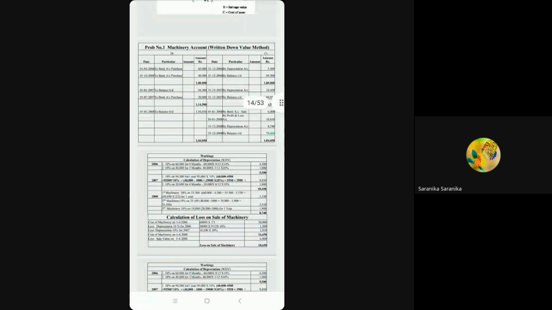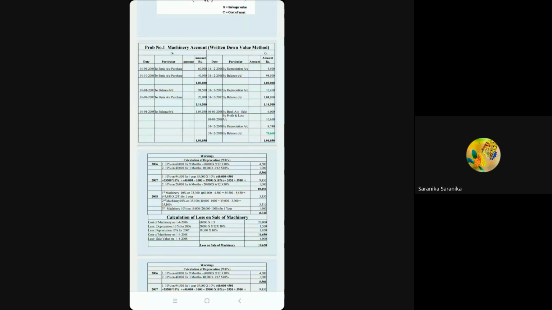Simply you can take the book value of the asset, means balance brought down, that is the book value. 94,500 into 10%, simply you can calculate, that is 9,450, plus current year you have purchased for 6 months, 20,000 into 10% into 6 months, that is 1,000 rupees, totally 10,450.